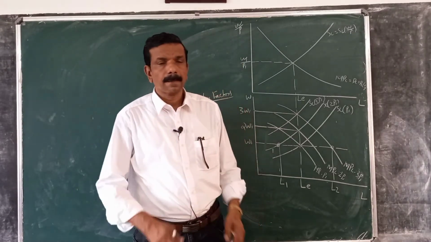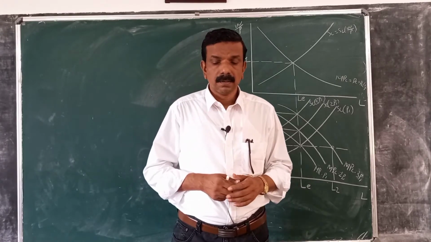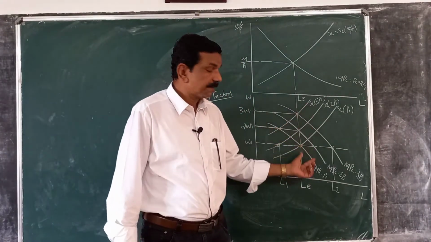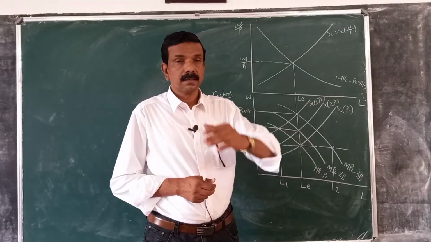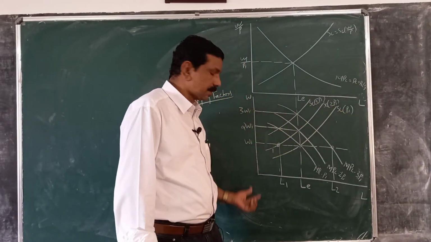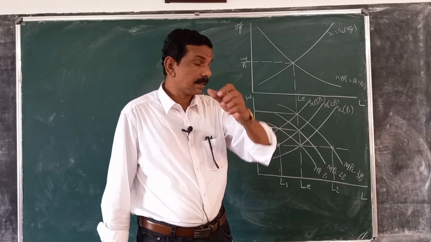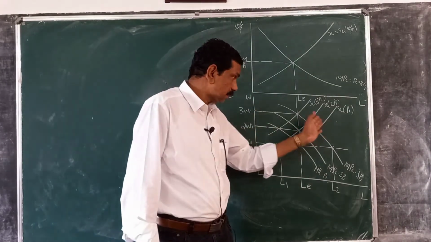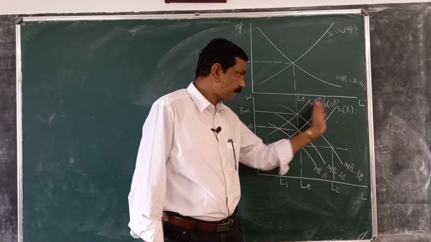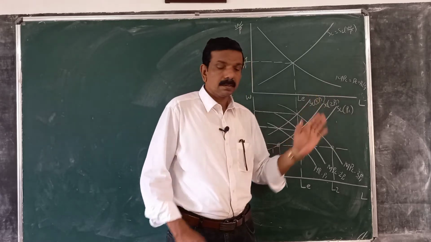So, as the price level increases, the labor supply curve will shift towards the left if plotted against money wage, from P1, 2P1, 3P1 like this.